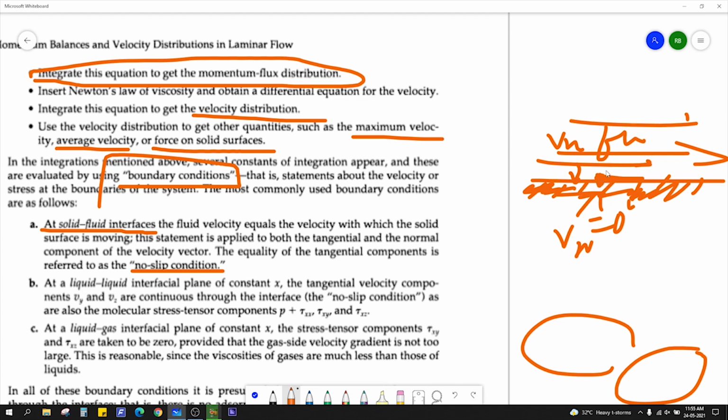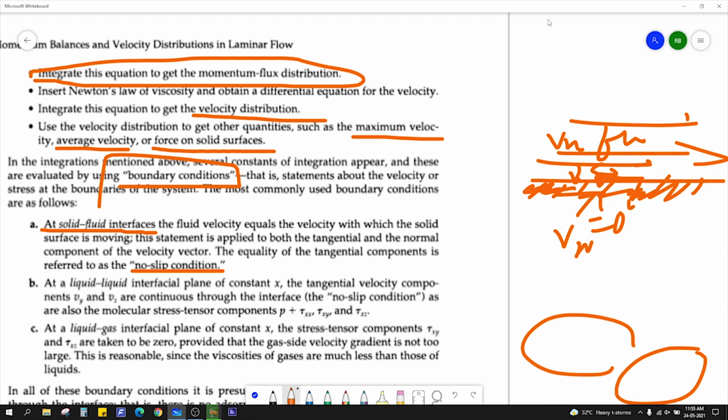If it were frictionless, it would slip, but that is not possible because the solid surface will not be perfectly smooth. There will be some friction, so it will not slip. So the fluid velocity will also be 0 at that point. That is called the no slip condition between fluid and solid.